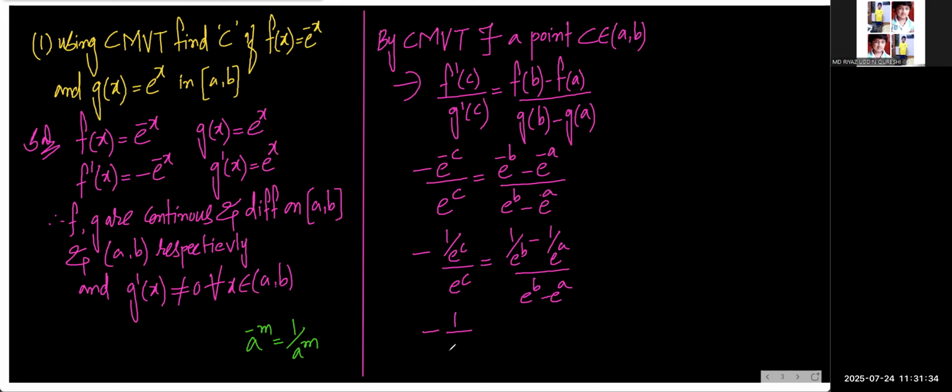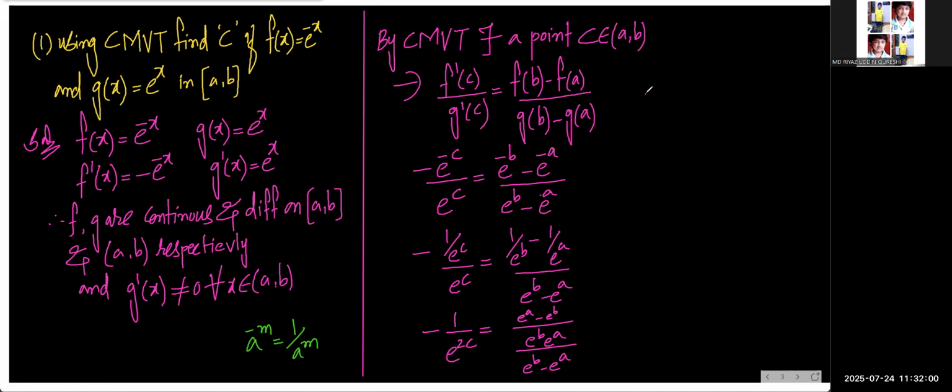E power c, e power c, e power 2c is equal to, in the numerator we take LCM e power b, e power a LCM. We get here e power a minus e power b divided by e power b minus e power a. Now from the numerator or denominator, take a minus form to make these two values same.